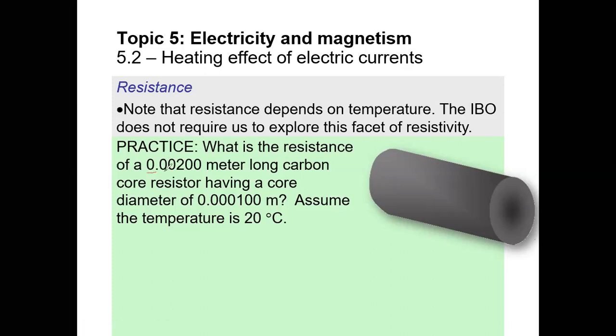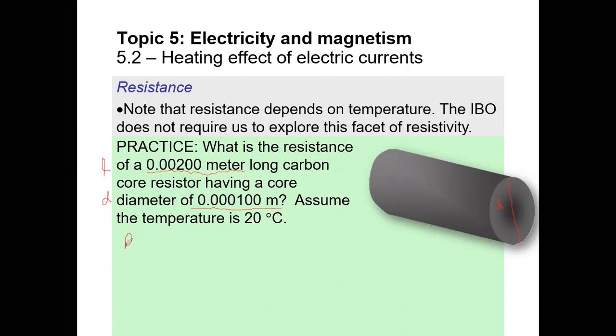See, 0.002 meter long, so this is L, and the diameter is given. This is D. Okay, diameter, remember, from this distance. This thickness is given. So what is the resistance?